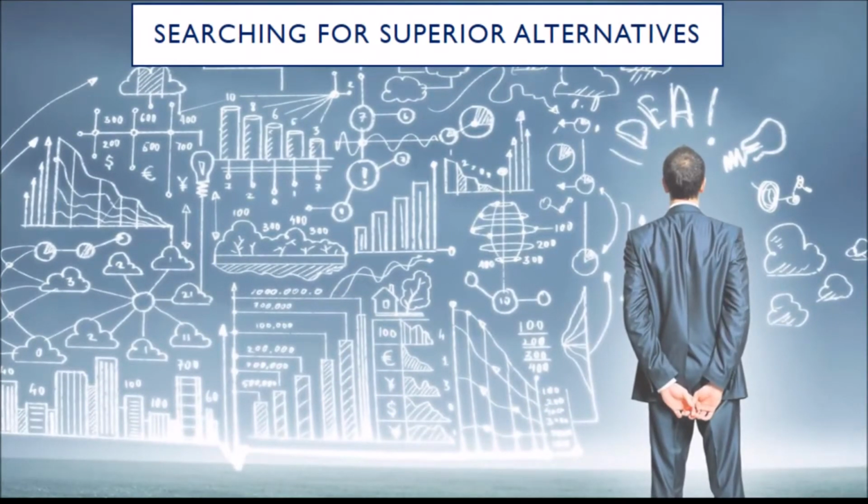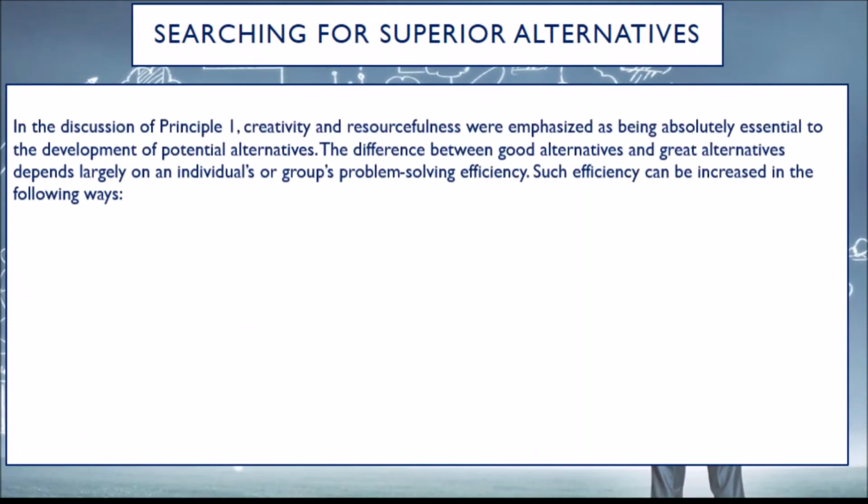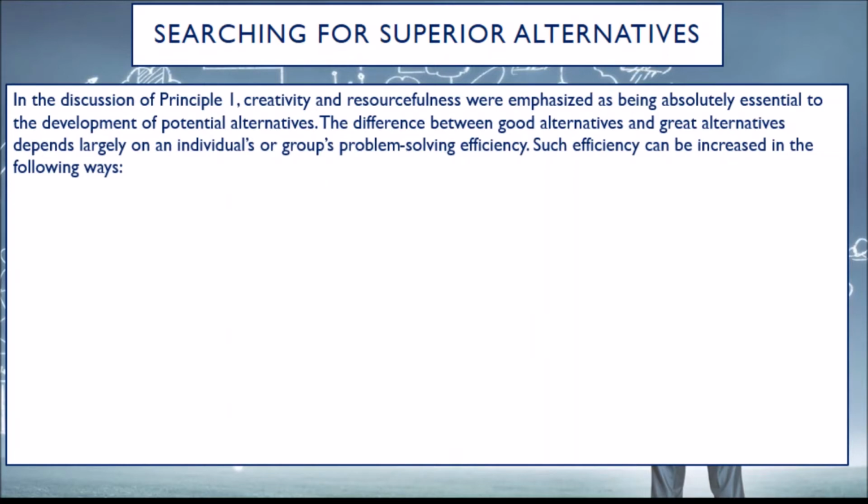Searching for superior alternatives. In the discussion of Principle 1, creativity and resourcefulness were emphasized as being absolutely essential to the development of potential alternatives. The difference between good alternatives and great alternatives depends largely on an individual's or group's problem-solving efficiency. Such efficiency can be increased in the following ways.